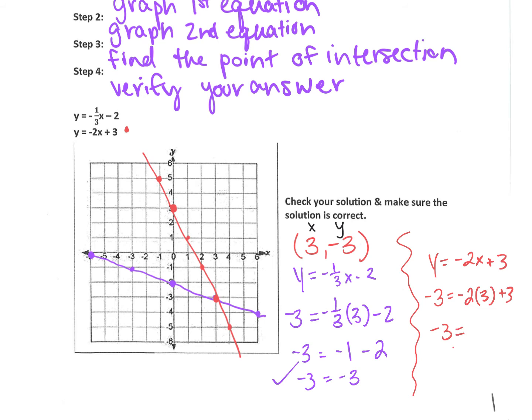Negative 3 equals negative 2 times 3, which is negative 6, plus 3. Negative 6 plus positive 3 gives you negative 3. Negative 3 equals negative 3. So it works for both equations, and we know for sure that this is our solution. Make sure you make it known that this is our solution. All right, next page.